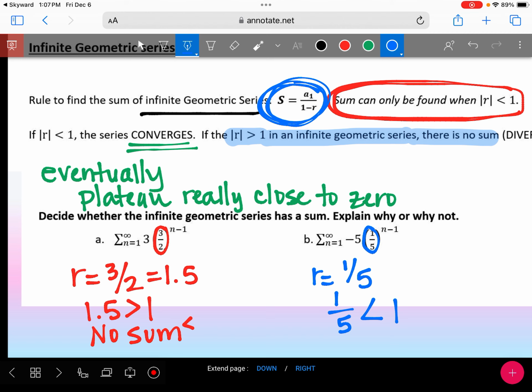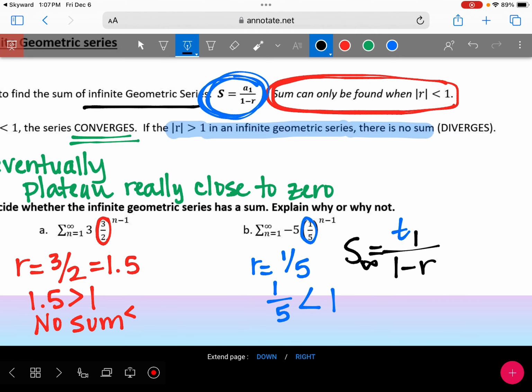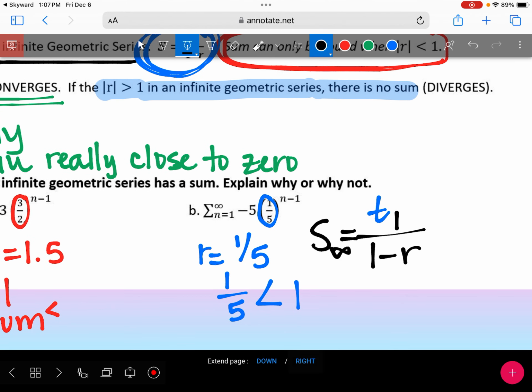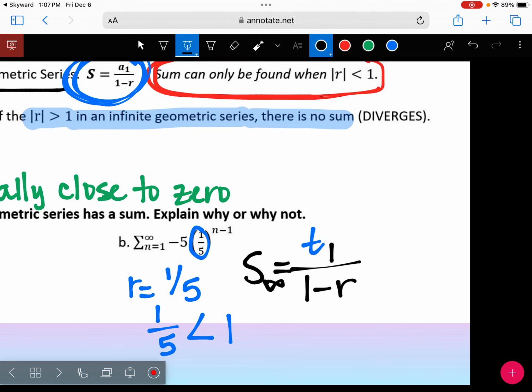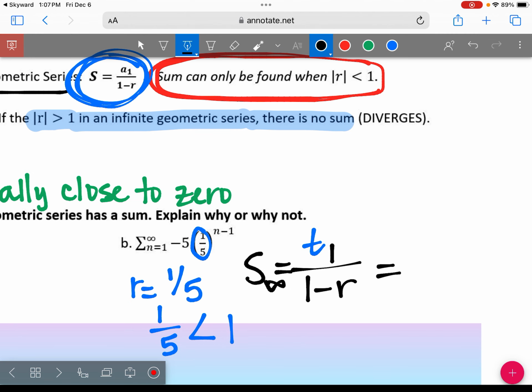To find the sum of an infinite series, if it actually has a sum, you would take T1 and divide that by 1 minus r. That's your last formula. So the sum of an infinite series is going to be T1 divided by 1 minus r.